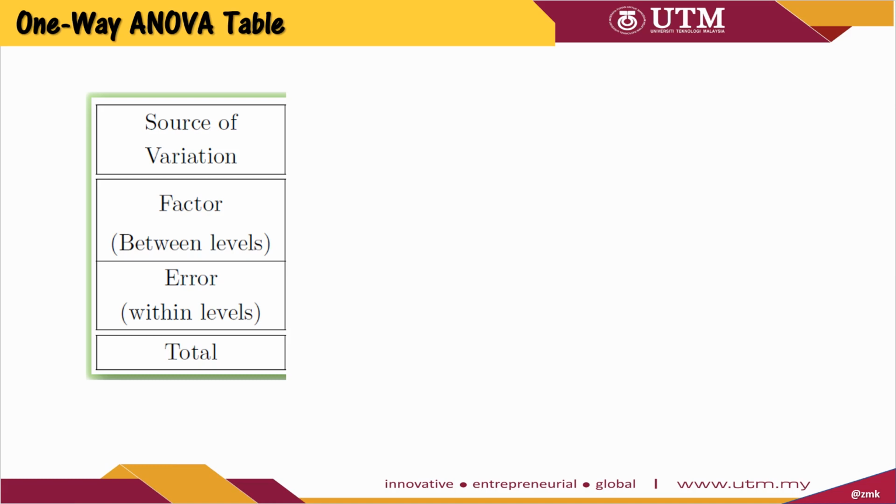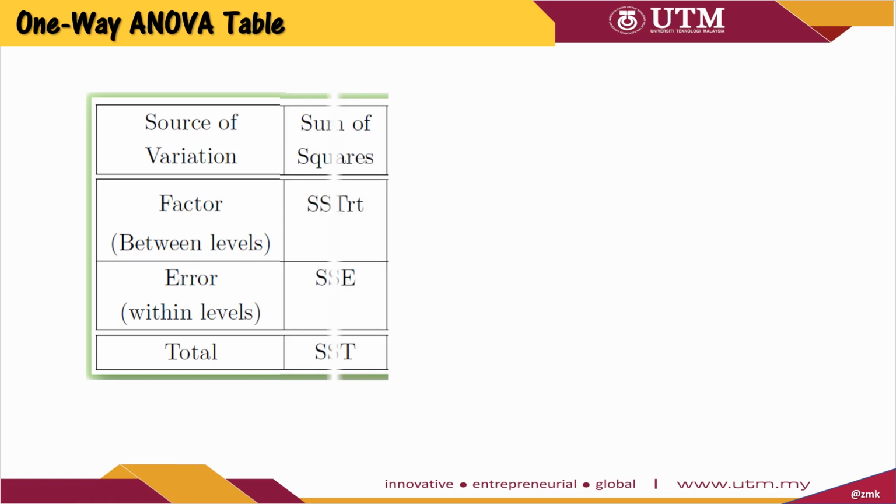The second in the list is the source of variation from the errors, that is, within groups or within levels source of variation, whereas the last in the table is the total source of variation. The next column in the table is the sums of squares. Please make sure that the values of the sums of squares are placed correctly.